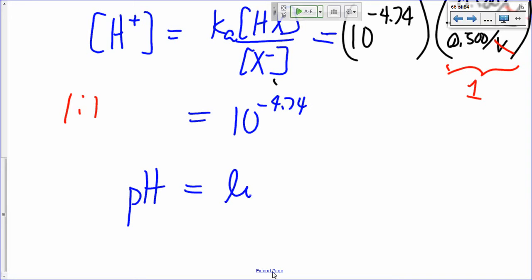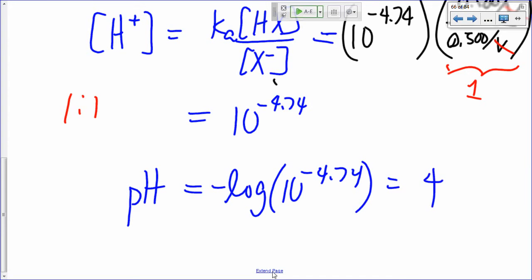pH would be negative log of 10 to the negative 4.74. It's just negative of negative, so it's positive 4.74. If the ratio is 1:1, pH will just be equal to pKa.